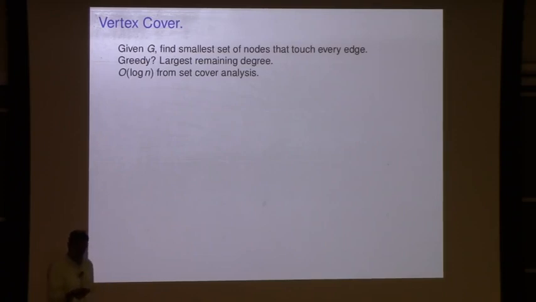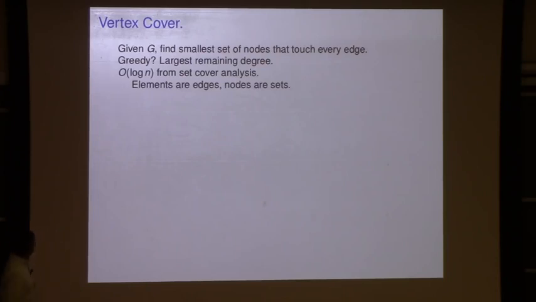So you can actually reduce this problem to set cover. The elements are edges, that's what you're trying to cover, and the nodes are sets, containing all the adjacent edges that they cover. When you translate it, the largest set and the largest remaining degree are the same algorithm. It's a min number of sets to cover the elements.